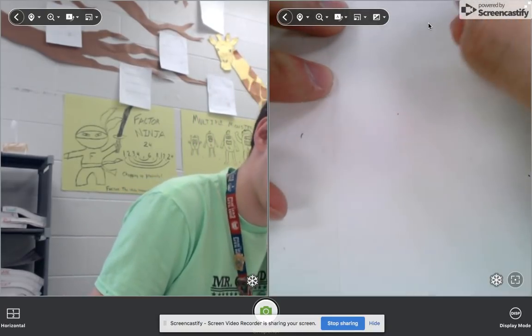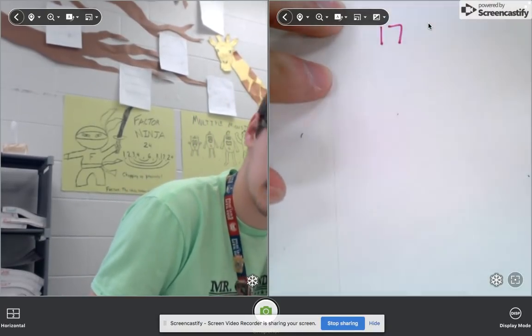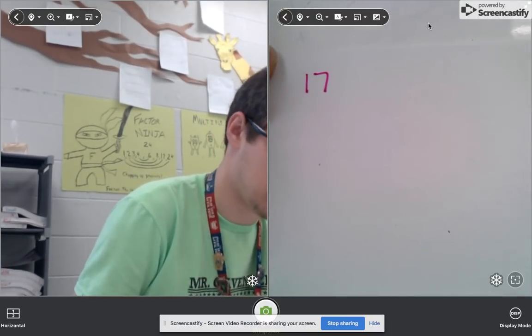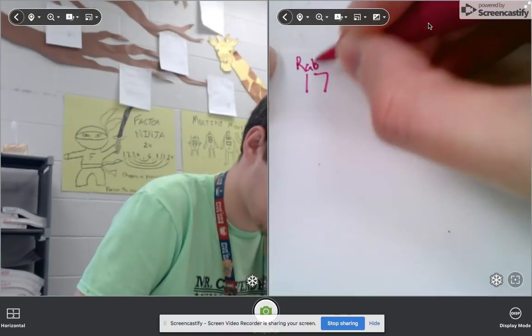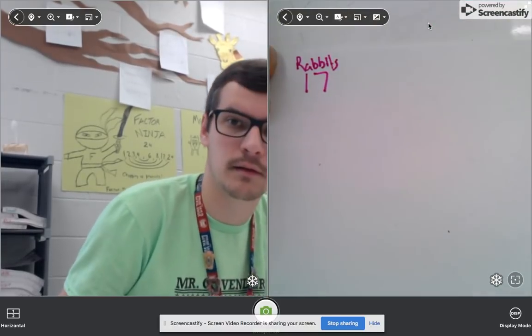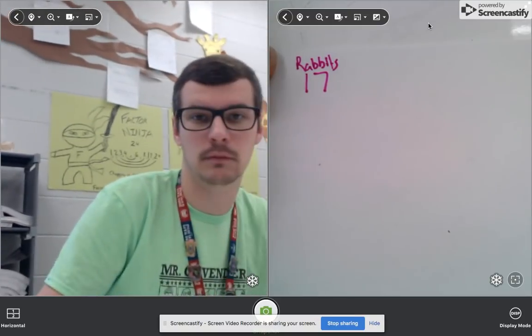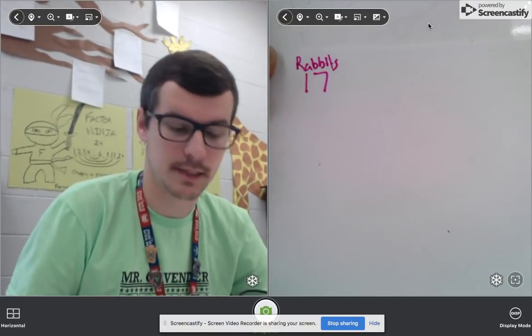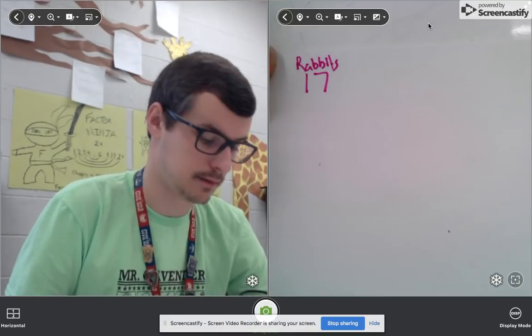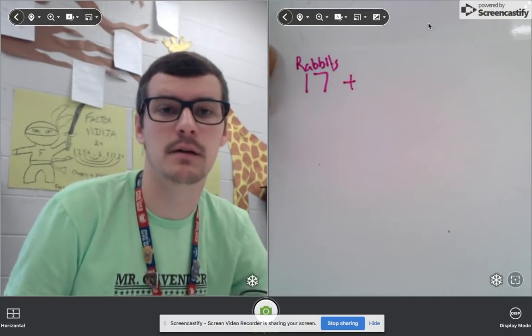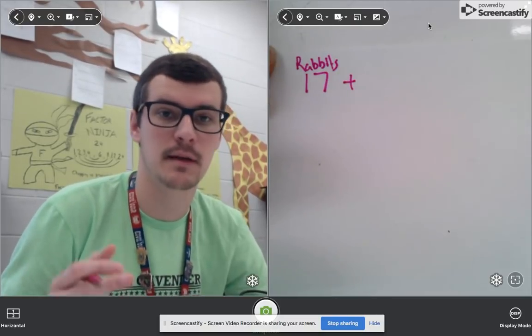So I'm going to label the 17 rabbits, and we know that we need to add to that because the problem said all together. So we need to take the rabbits and the cats.